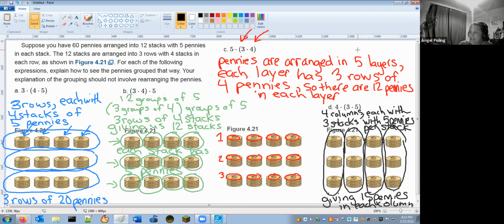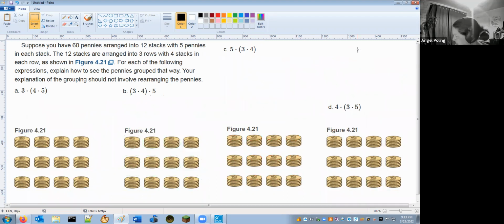And so we counted this same amount of pennies 4 different ways. And those ways involved the commutative property and the associative property. So let's clear this out and write the properties down.